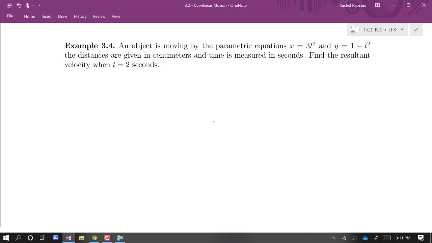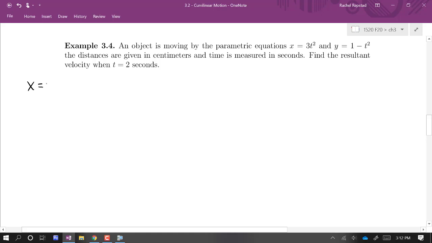If you have these parametric equations, finding Vx and Vy is fairly straightforward. Here they tell us that an object is moving by these two equations, x equals 3t squared and y equals 1 minus t squared. Distances are in centimeters and time is in seconds. We want to find the resultant velocity when t is equal to 2 seconds.